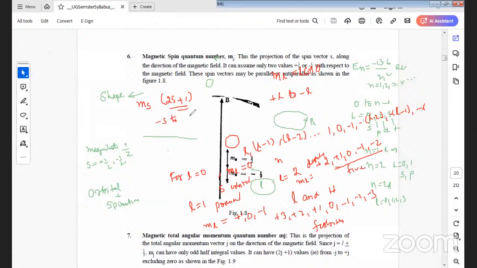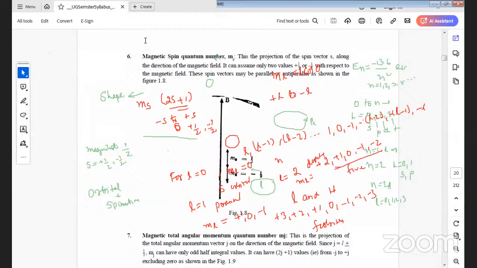We don't have zero here because the electron does not have zero spin, but it has plus half as well as minus half. It can take only plus half and minus half values. Only two values it can take here. So now this is about the magnetic spin quantum number.